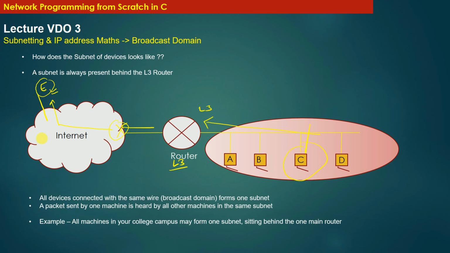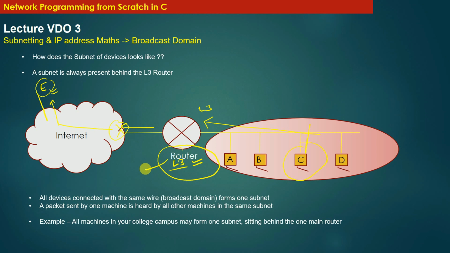Right? So the point I am trying to emphasize is that whenever the communicating machines are present in different subnets, the data has to pass through the gateway L3 router of the subnet. And whenever the communicating machines are present in the same subnet, then the L3 router does not play any role.